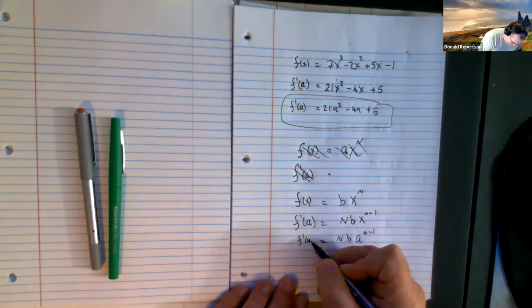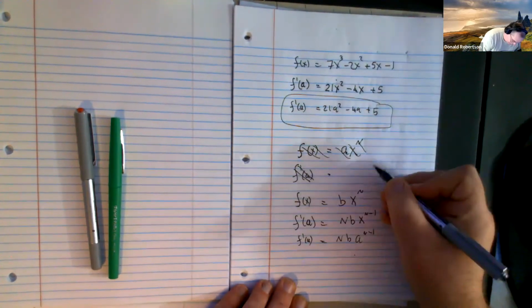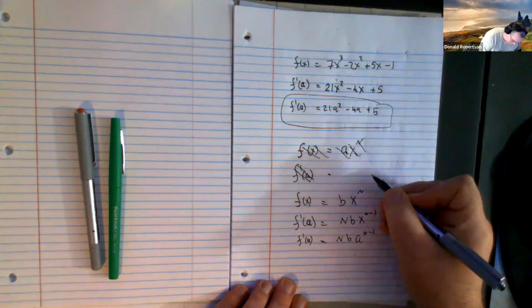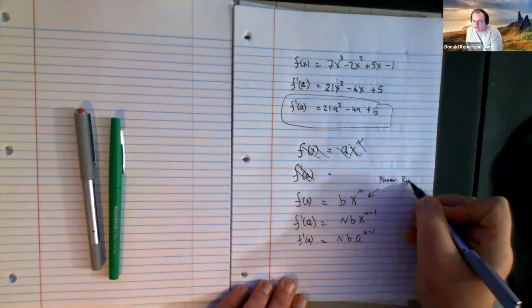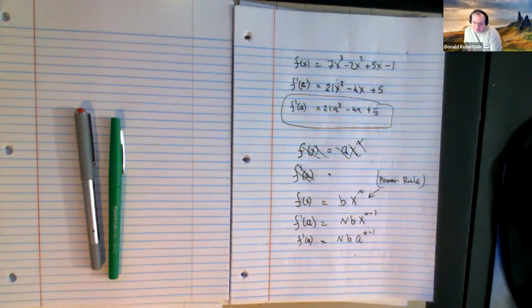We call this rule the power rule. So if you want to find the derivative of x cubed or x squared, multiply by the power and reduce it by 1.